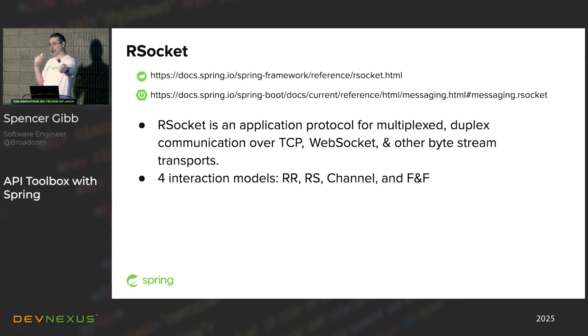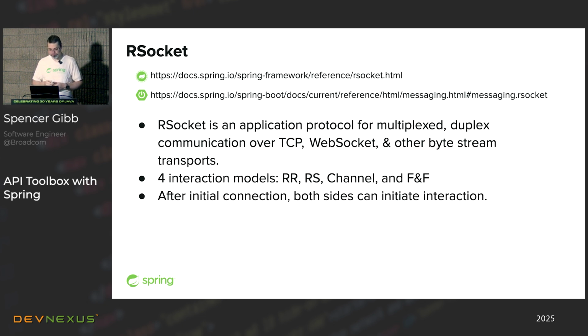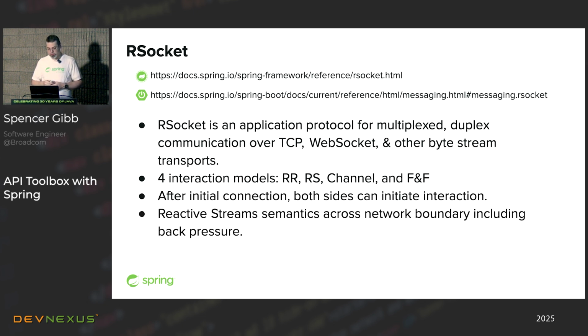But once that connection is created, there is no server client concept anymore because either side can initiate requests. So it's a really neat interaction model. So there's a thing called reactive streams that allows something called back pressure across the network.